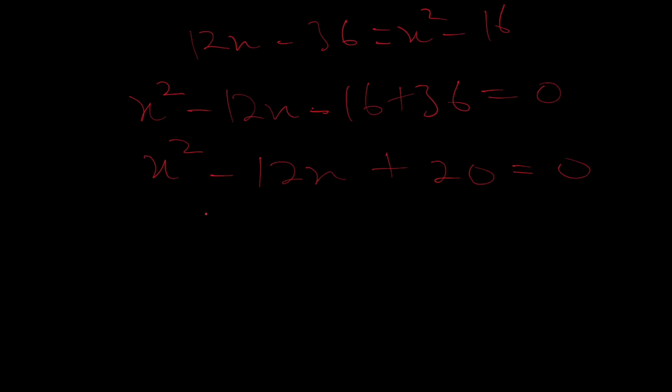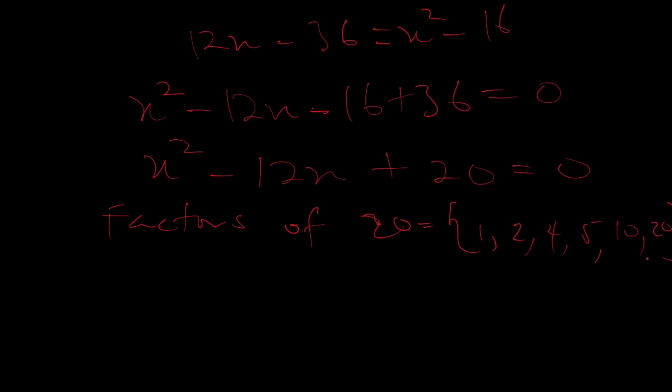So this is a quadratic equation. So to find x, we have to factorize. And to factorize, we need factors of 20 that when we multiply, we get 20, and when we add, we get negative 12. So factors of 20 are 1, 2, 4, 5, 10, and 20. Out of these factors, let's take 4 and 5.